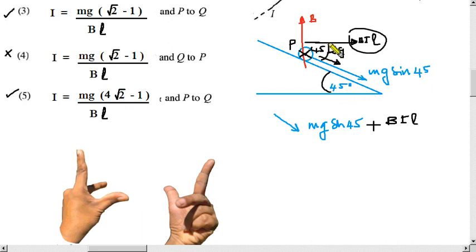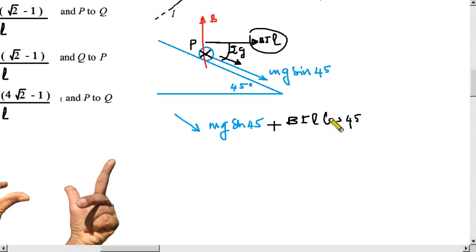This angle is 45, this one also 45, so we have to turn it this way, towards the angle 45, because this one is 45. So cos 45. So that is the resultant force.